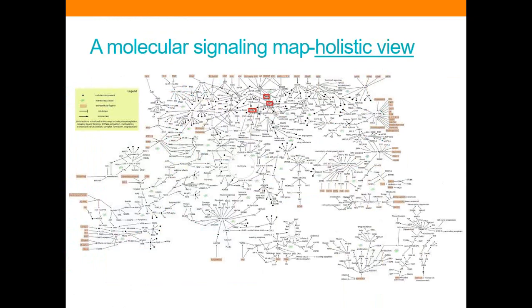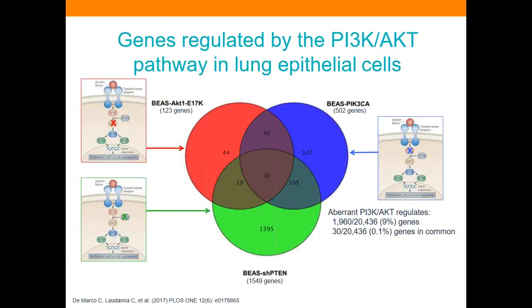And the next slide basically shows that even if we just try to fall back on targeting the pathway, each of these components, PI3 kinase, AKT, and mTOR, behave very differently. Targeting one or the other or the third, the mTOR, doesn't do the same thing.